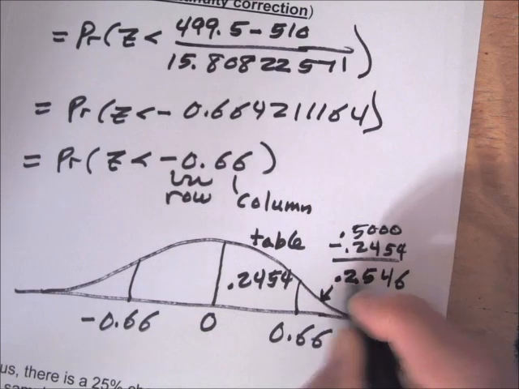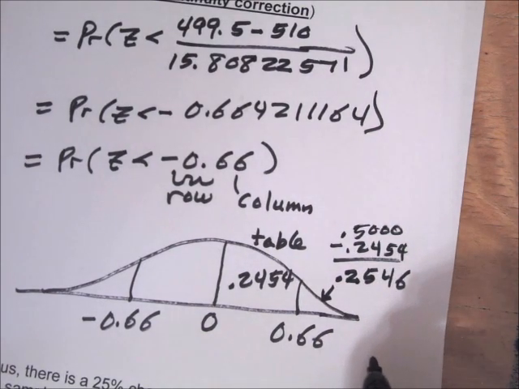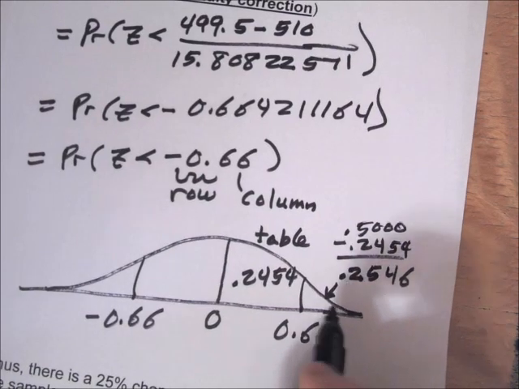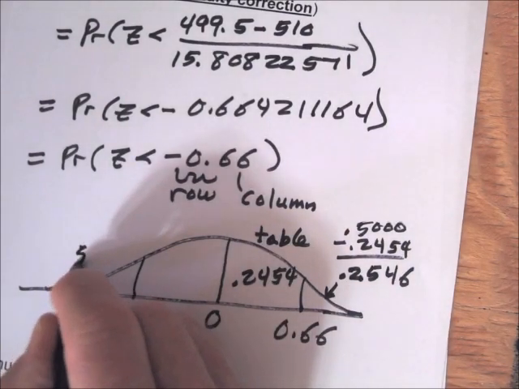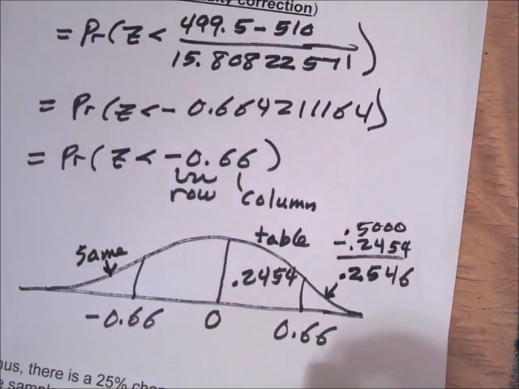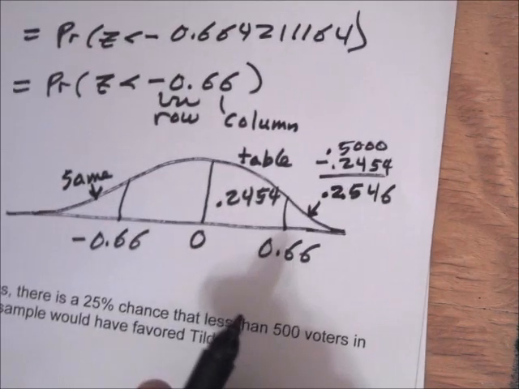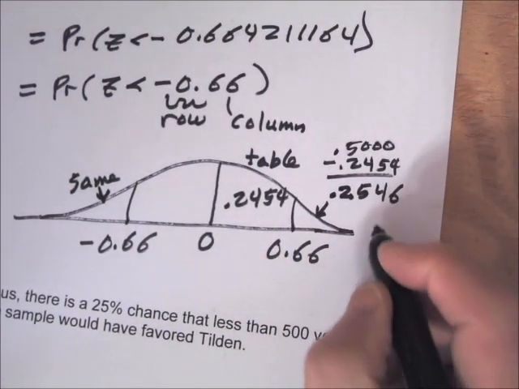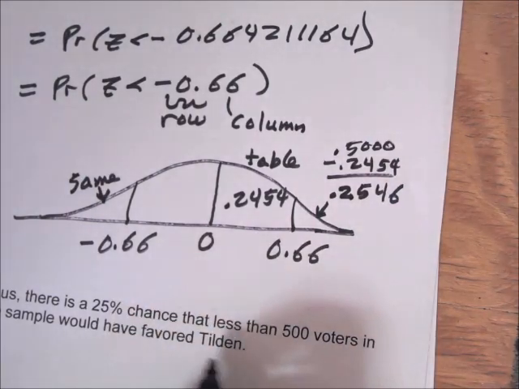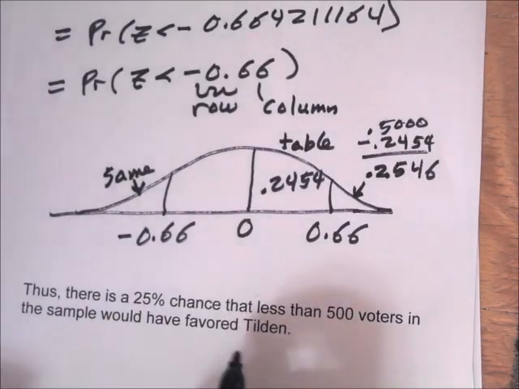That's going to be the probability that z is more than 0.66, and what we want is this piece over here, which is going to have that same probability because of the symmetry of the bell curve. So that's approximately 0.25. So there's a 25% chance that less than 500 voters in the sample would have favored Tilden.